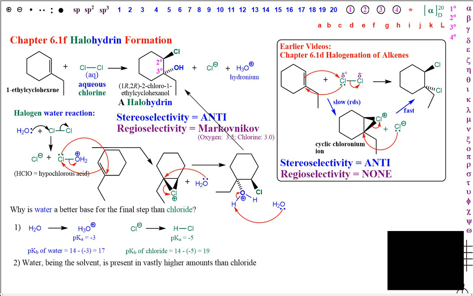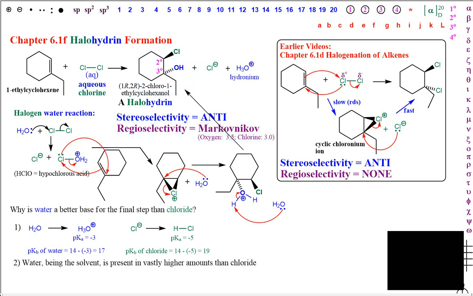Let's review our new words, regioselectivity and stereoselectivity, before we close this video out. Regioselectivity, we'll start with the bottom part here. Oxygen with an electronegativity of 3.5 is on the more substituted carbon than the less electronegative chlorine, which has an electronegativity of 3.0. This is a Markovnikov reaction when that is the case.